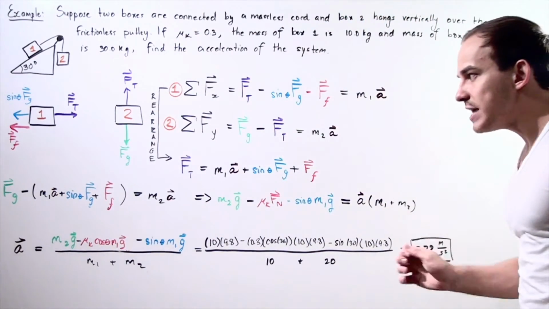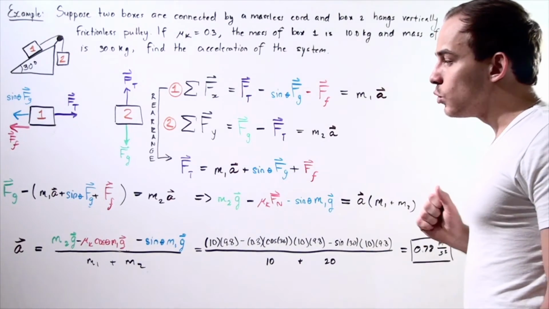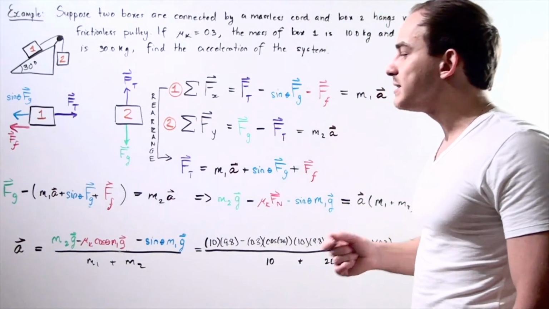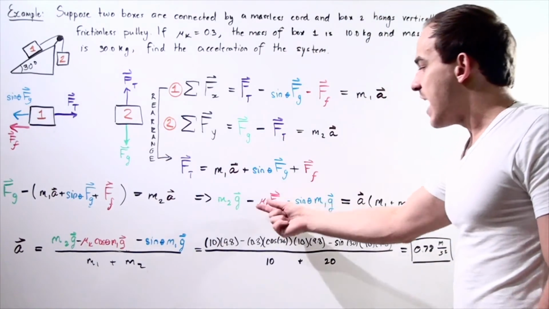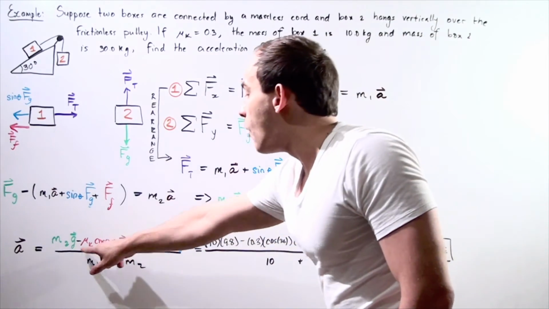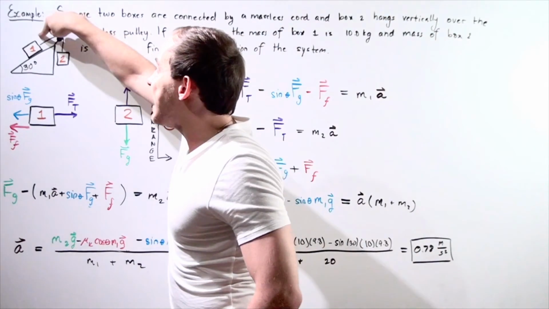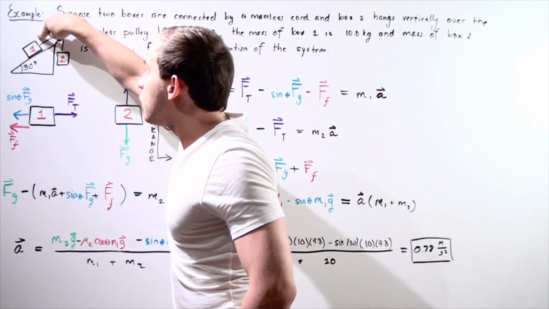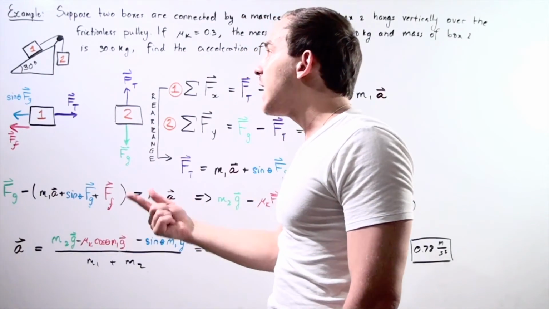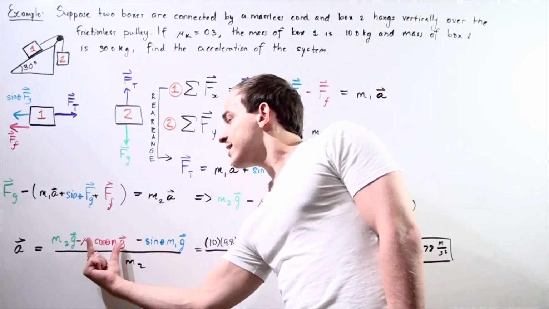So our acceleration of box 1 and box 2, our system, is equal to the mass of object 2 multiplied by the gravitational constant minus, so we have our mu, or kinetic frictional coefficient, multiplied by the normal force, which, by the way, in this case, note the normal force is cosine of the angle 30 multiplied by mass of object 1 multiplied by g, which is exactly what we get.